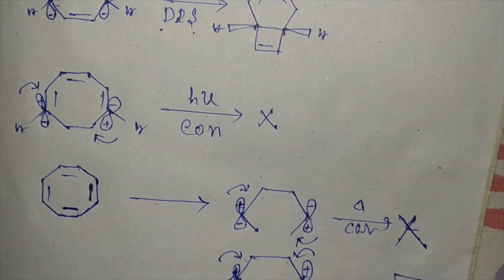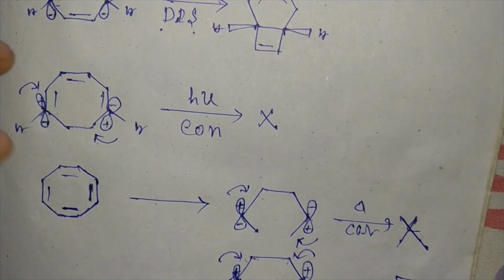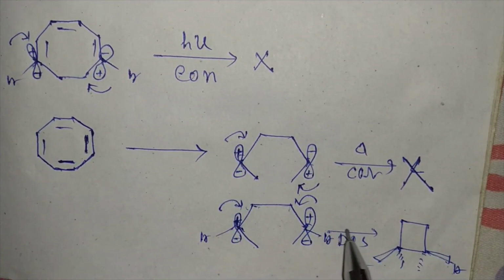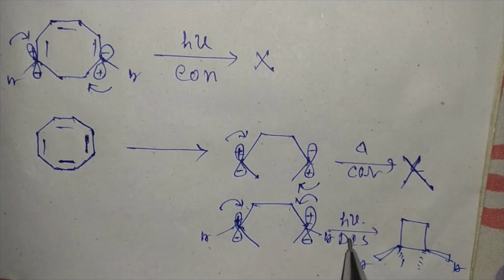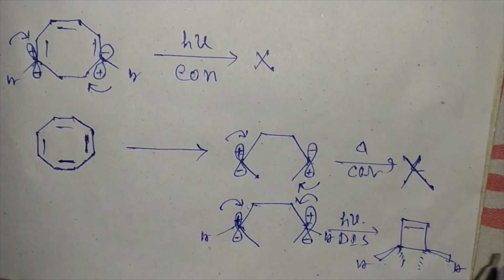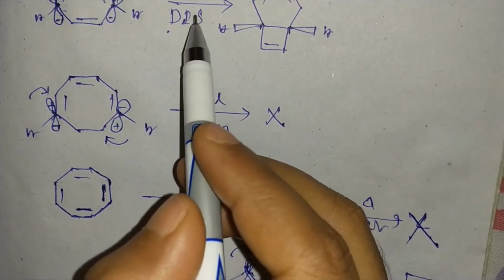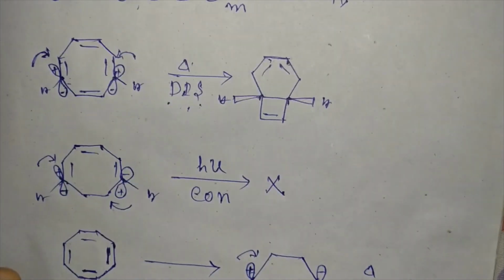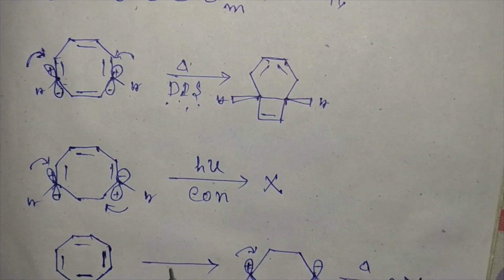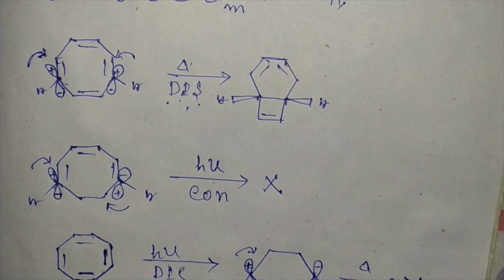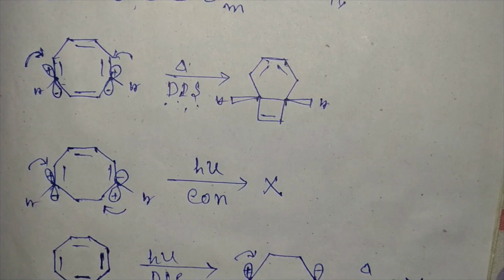And these two methyls will be downward. So for photochemical condition, this cyclization is possible. So the two conditions are, one thermal condition, this rotation, and the other photochemical condition, this rotation. The product will be formed.